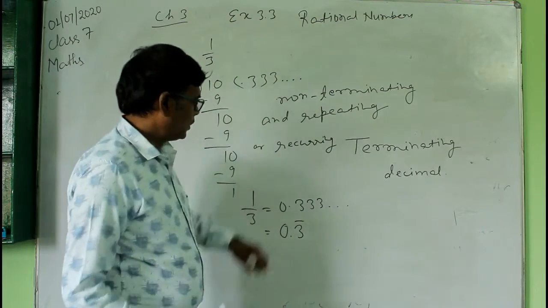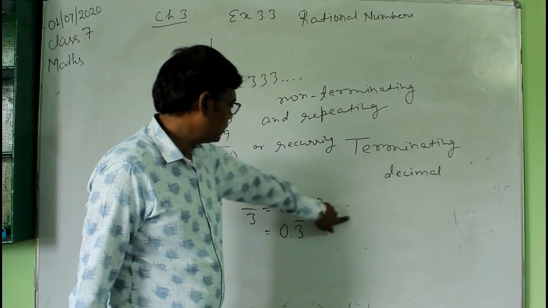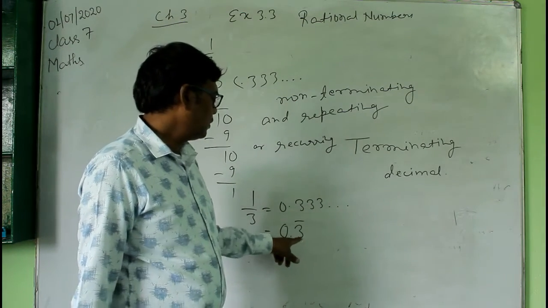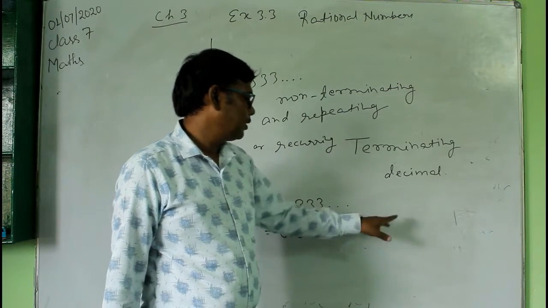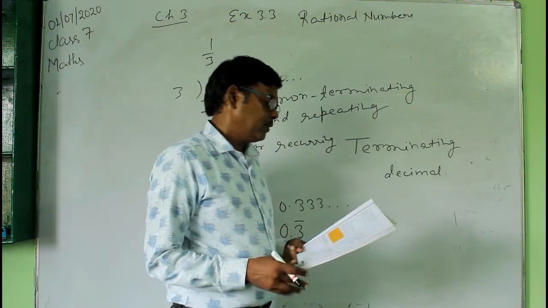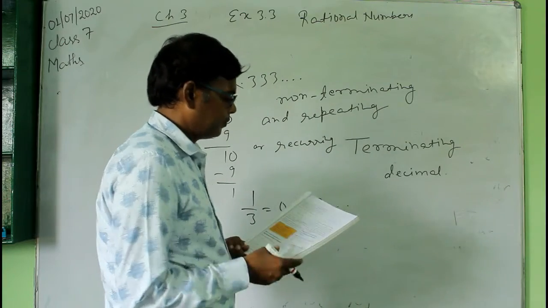That is, you can write this whole thing as 0.3 bar. It means that this digit 3 will keep on repeating. It will keep on coming after this. So this is the method of writing in the compact form.